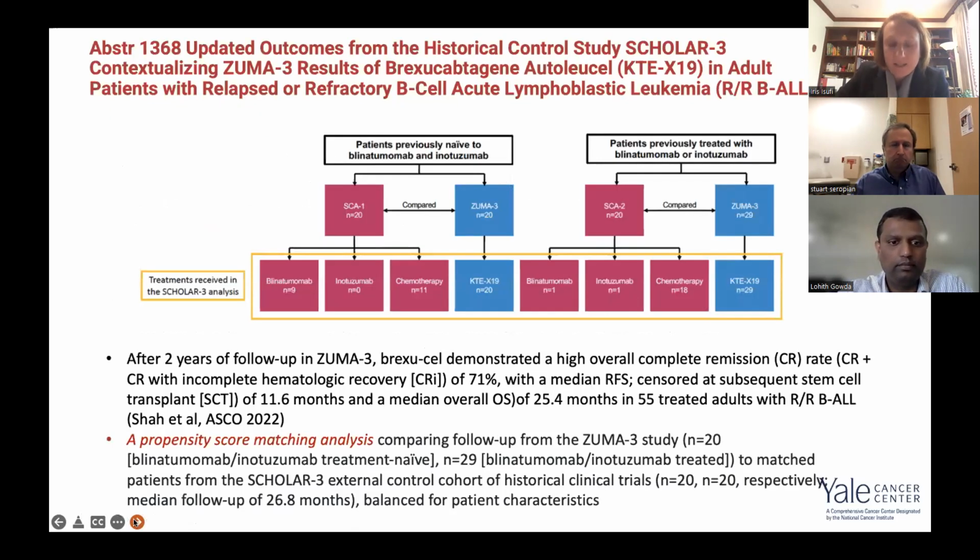I know we're running out of time, so I'm not going to spend too much time on this abstract, but it did compare CAR T-cell therapy in both patients who had received blinatumomab and inotuzumab and patients who had not received blina or inotuzumab. And this is in the adult population where they did this propensity score matching analysis.